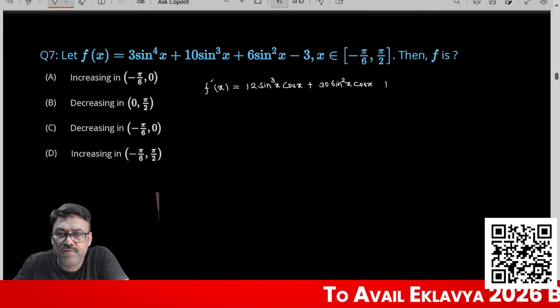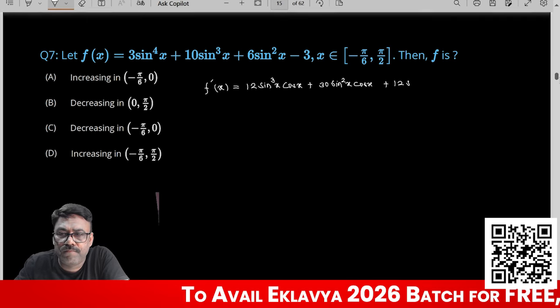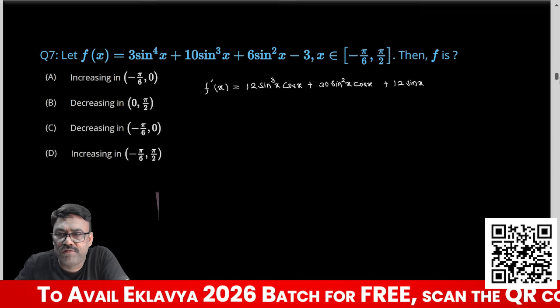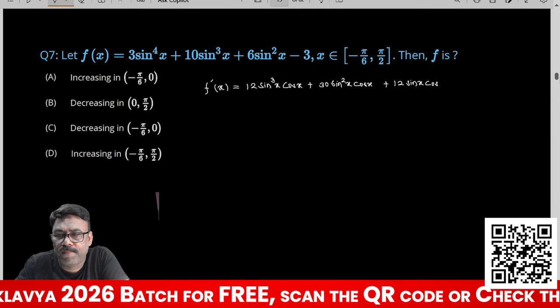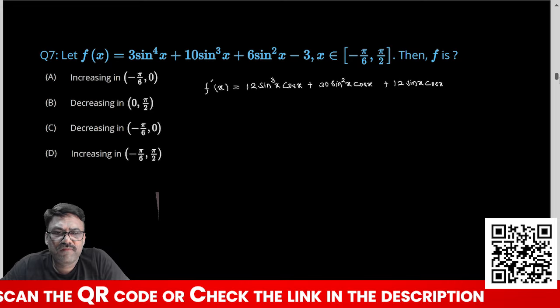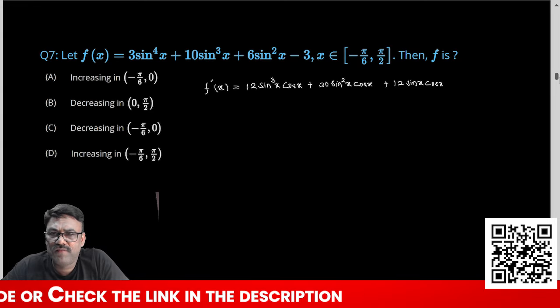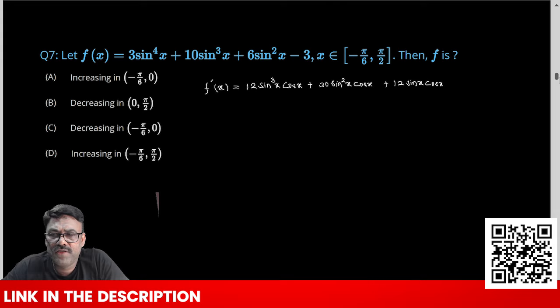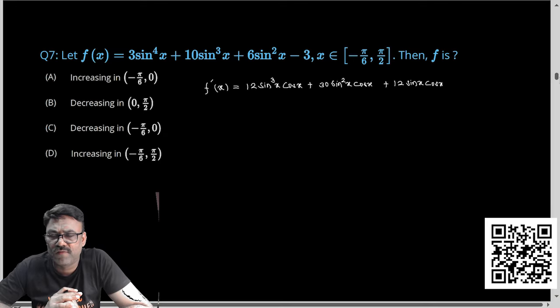Then I will get 12 sine x into cos x. So 12 sine cube x cos x, 30 sine square x cos x, and then 12 sine x cos x.